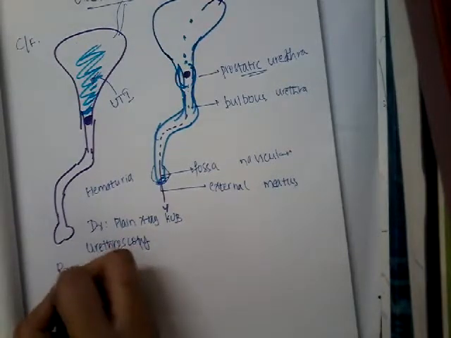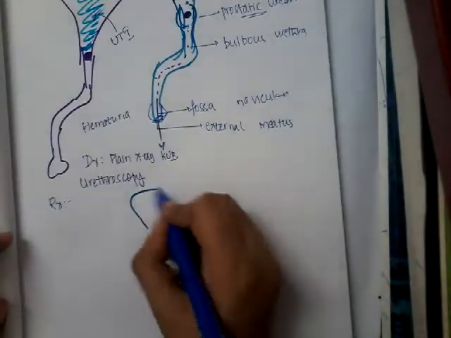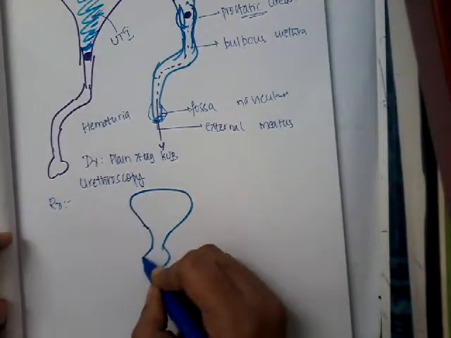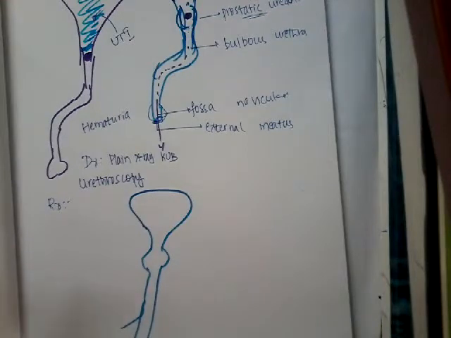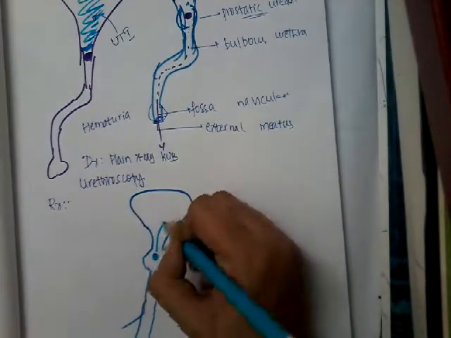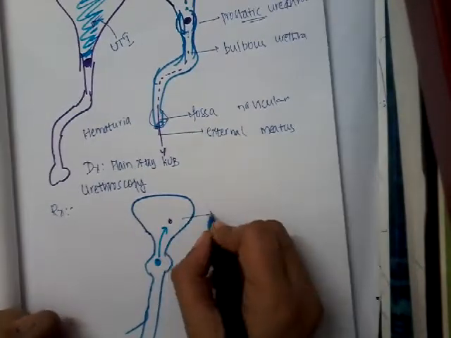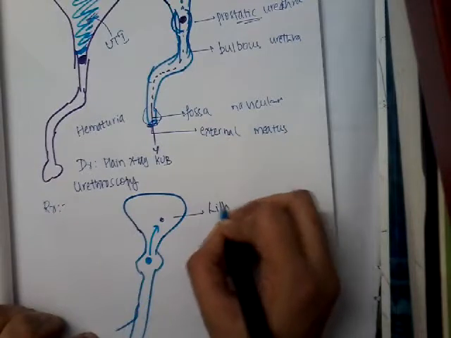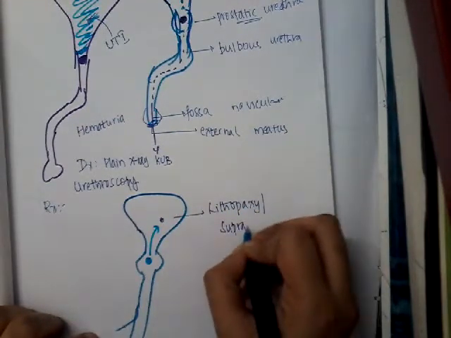So how are you going to treat it? Treatment. If the stone is somewhere in the urethra, you have two main options. One, the stone can be pushed back into the bladder. Once you have put the stone back in the bladder, you can do either litholapaxy or suprapubic cystotomy.